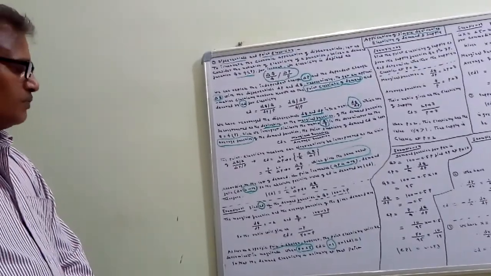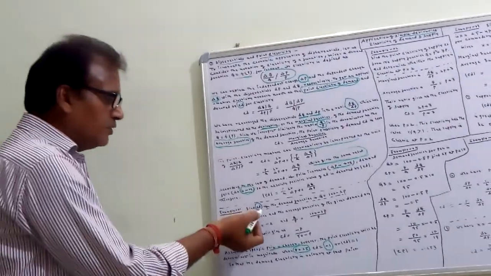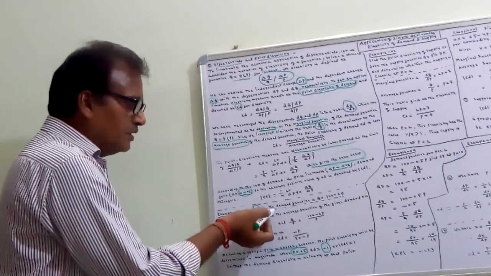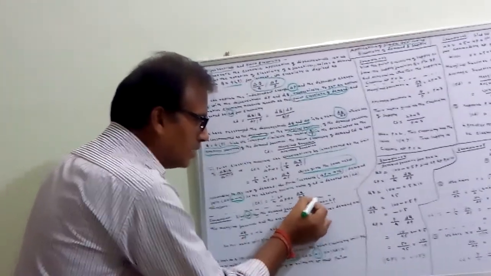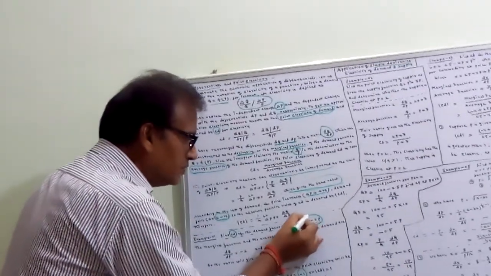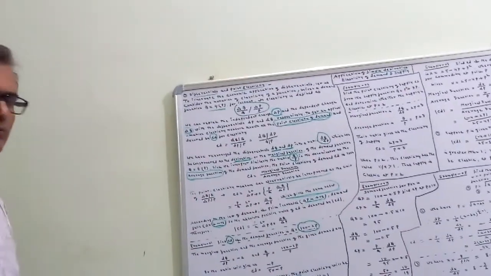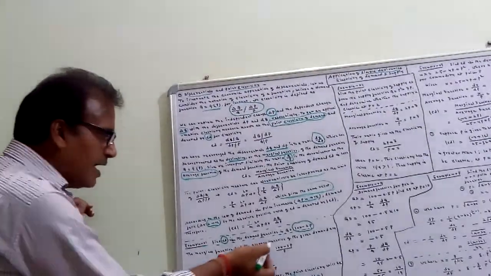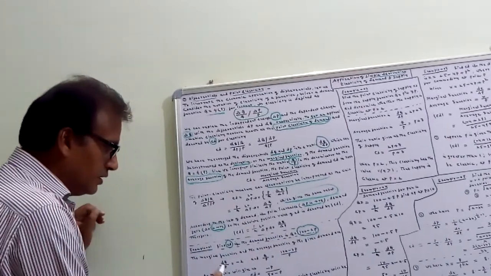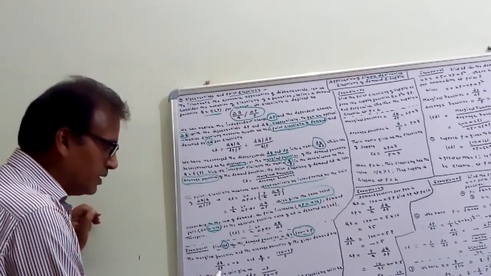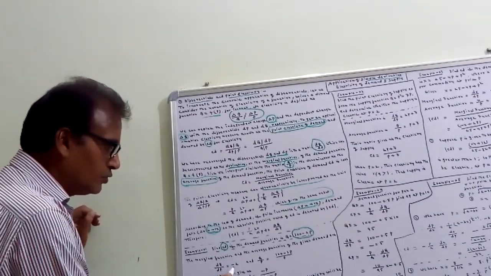Now take for example, find elasticity of demand if the demand function is Q equal to 100 minus 2P. Now the marginal function and the average function of the given demand function: differentiation of Q with respect to P equal to minus 2.